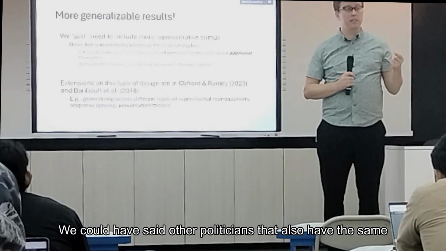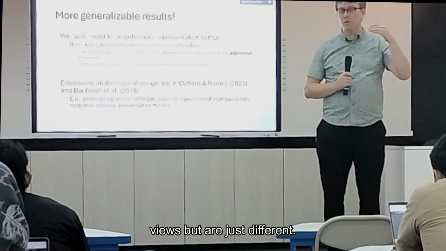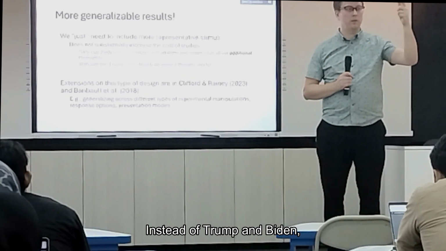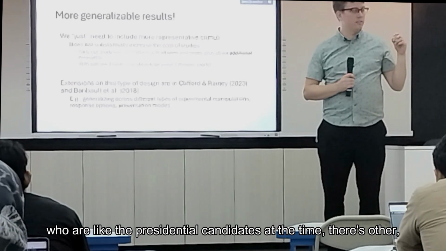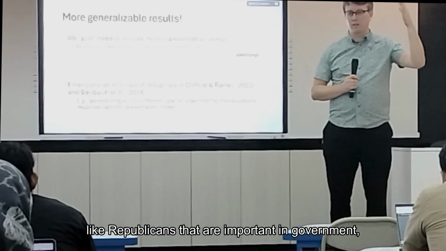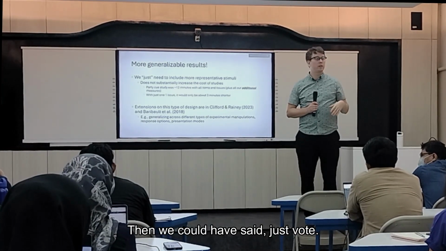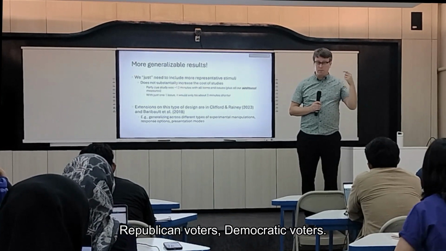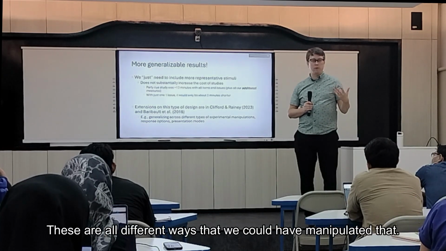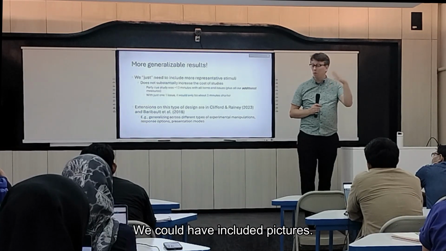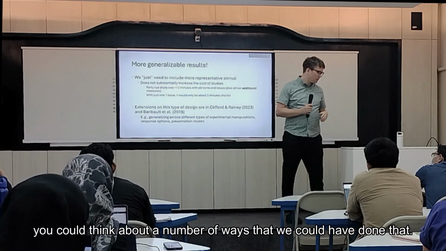We could have said other politicians that have the same views but are different. So instead of Trump and Biden, who were the presidential candidates at the time, there are other Republicans that are important in government, other Democrats that are important in government. We could have said them. We could have said just Republican voters, Democratic voters. These are all different ways that we could have manipulated that. We could have included pictures, or not pictures. You could think about a number of ways that we could have done that.